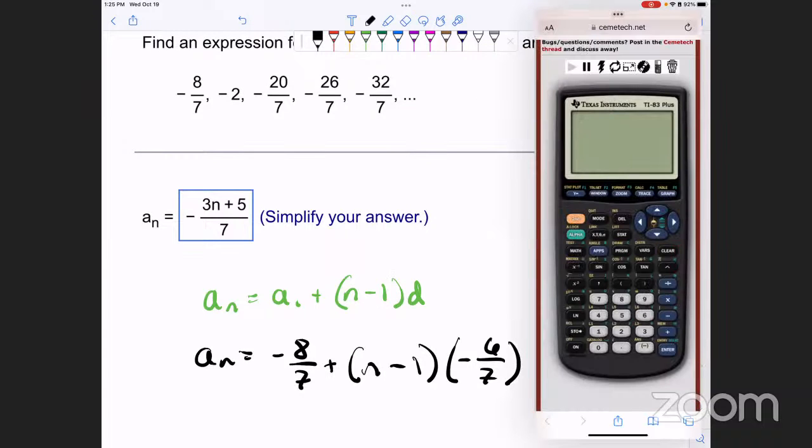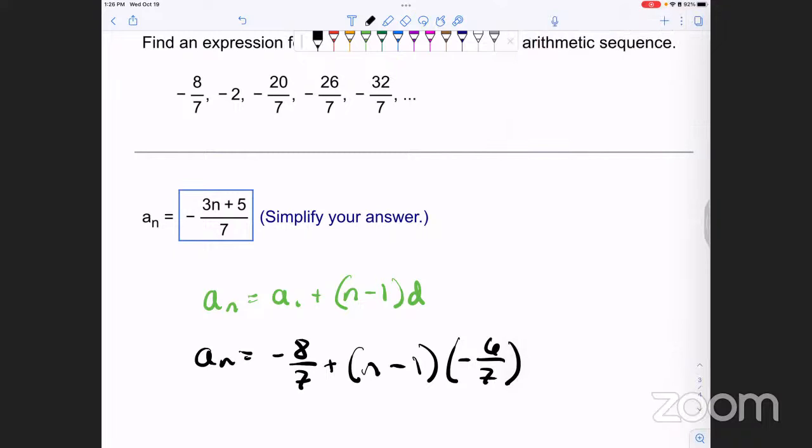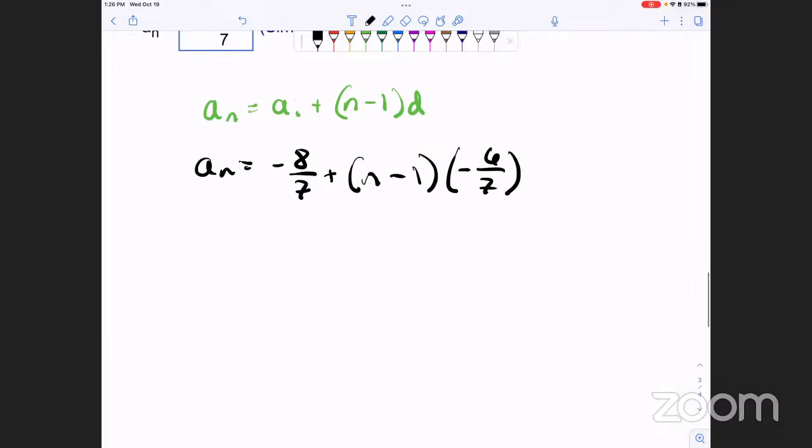So if we start with -8/7 plus -6/7, we should get -2. And then if I say plus -6/7, and so on, right? So then from here, you have one equation. Well, just simplify. You're not even solving. You can just simplify from here, right?